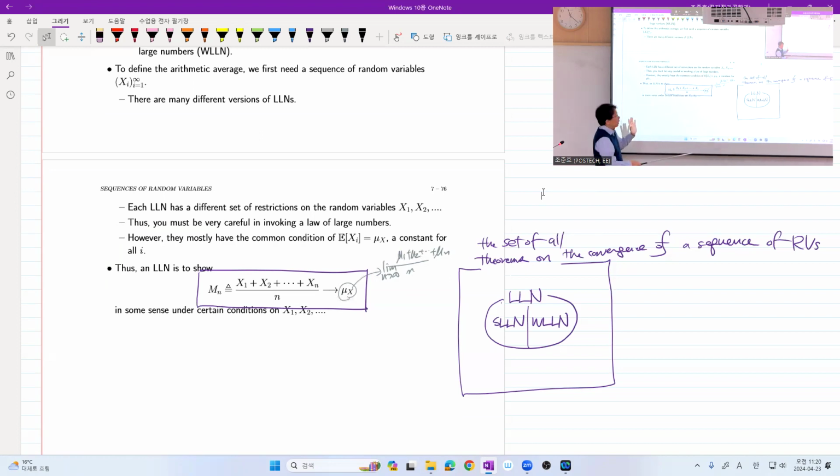And of course, one of the most famous weak law of large numbers also assumes that the random variables have the common mean value. Got it? But that commonality of the mean value is not necessary for all law of large numbers. Some law of large numbers has relaxed version. Anyway, this is one of the simplest ones. So we learn these two.